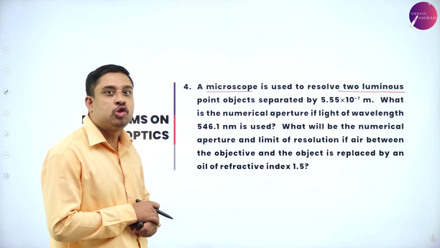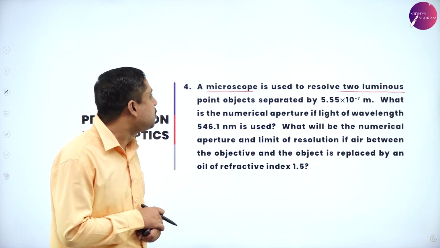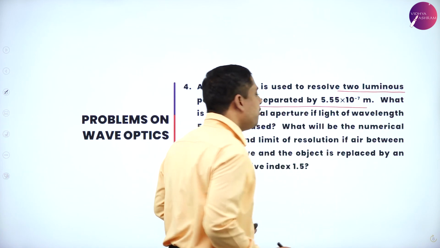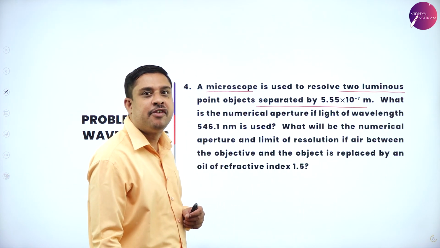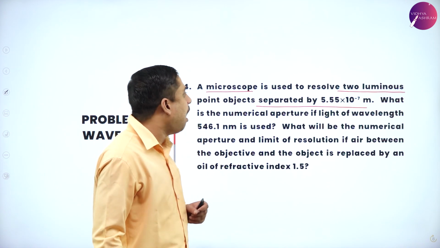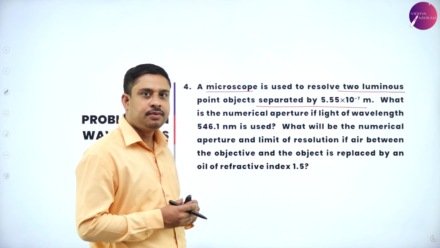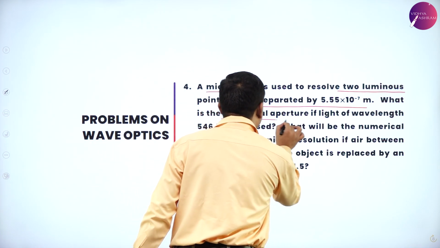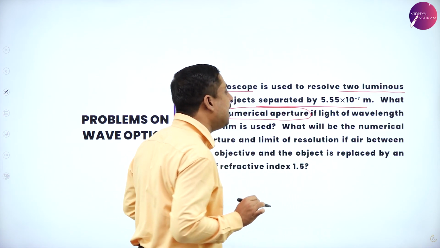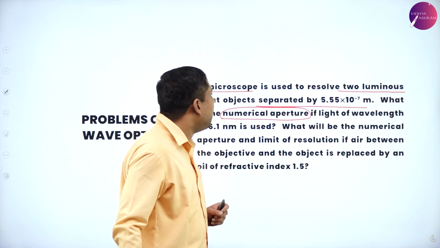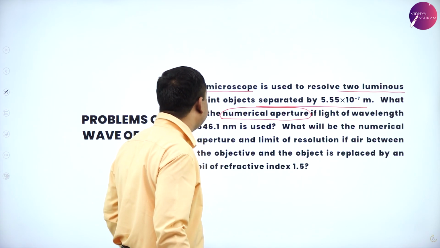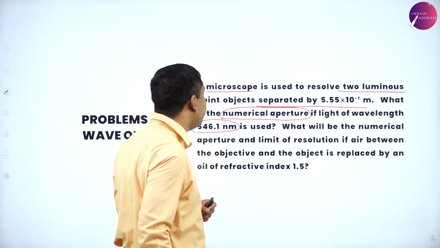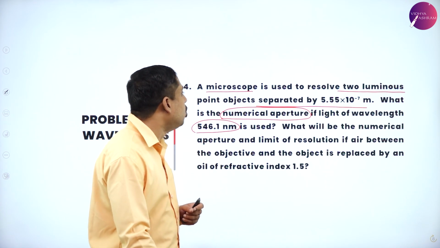Here again microscope, but luminous point objects separated by 5.55 into 10 power minus 7 meter. What is the numerical aperture if light of wavelength 546.1 nanometer is used?